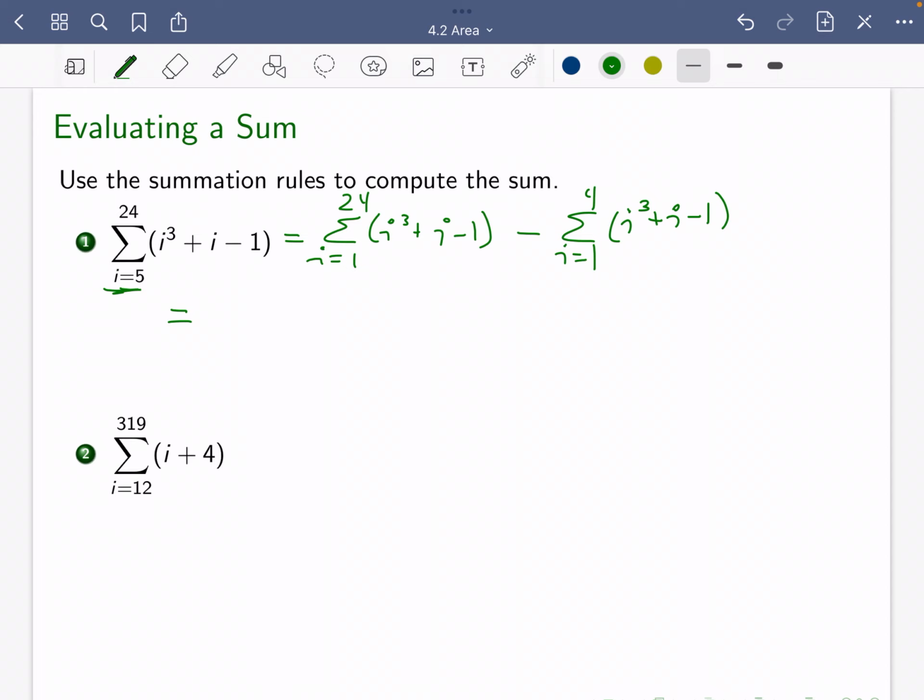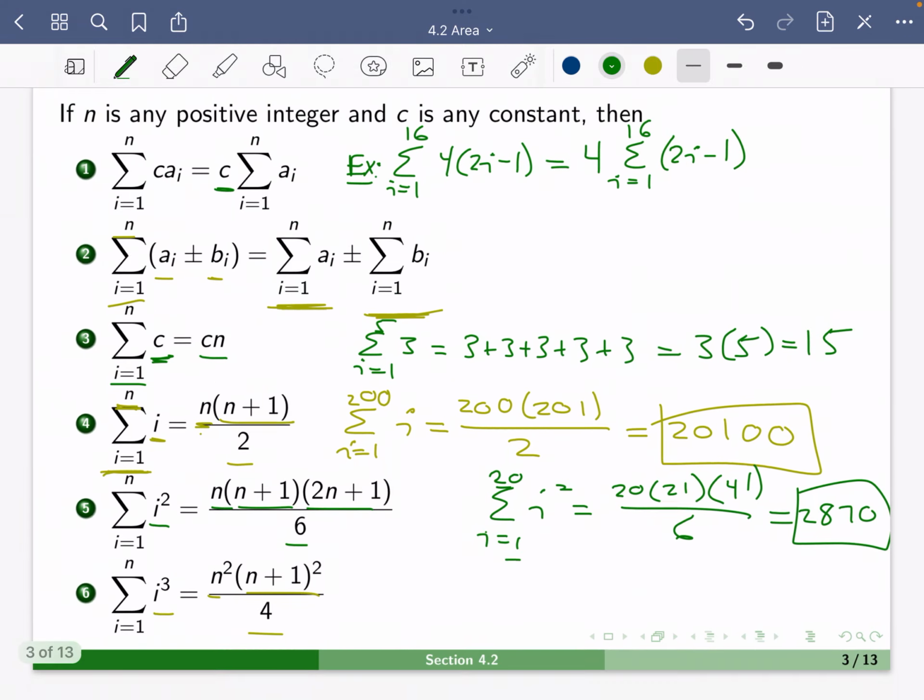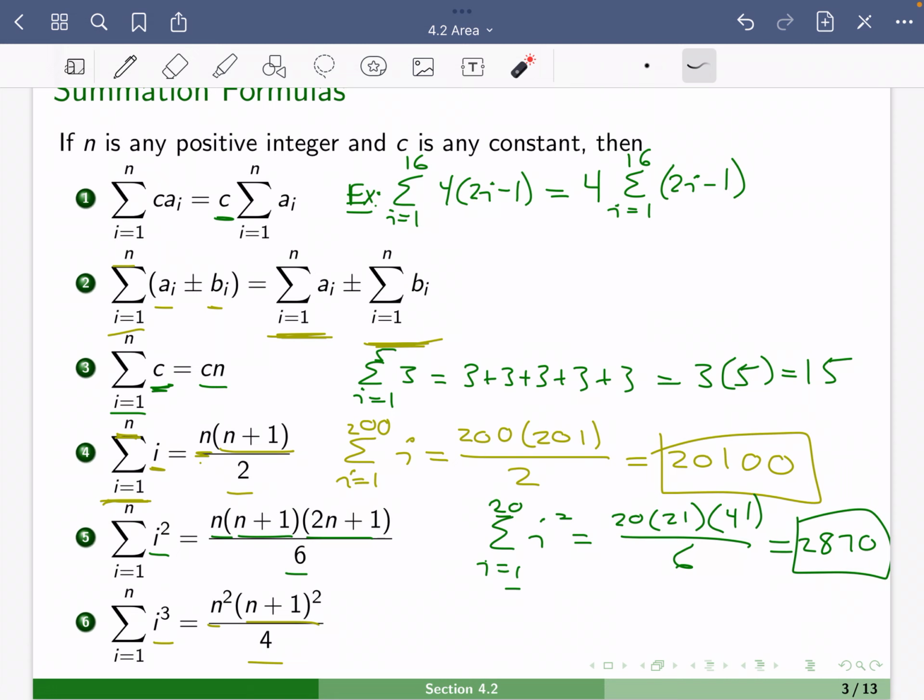And now we can apply our rules. So we'll have an i cubed. For i cubed, we're going to take that upper limit, square it, and also square 1 more than the upper limit, over 4.